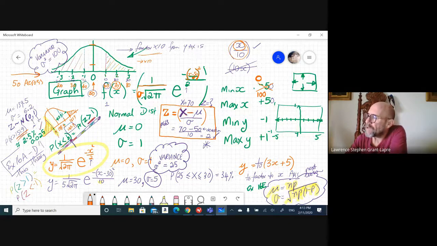So when we transform across the mean, it'll be minus the mean. If we have a scale factor of 10, that's like dividing by 10, and that goes in that bracket. In that position, we put the mean here. So if it transforms across by 30, the mean of this one is 30.